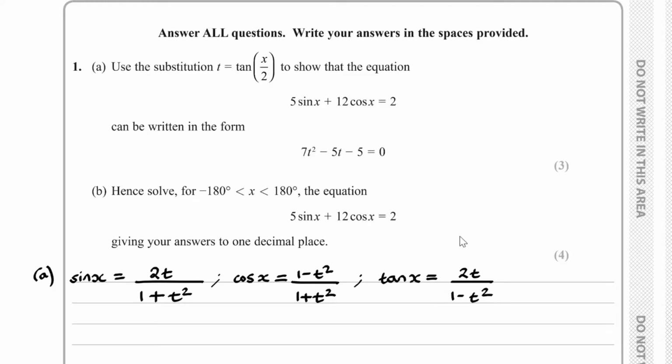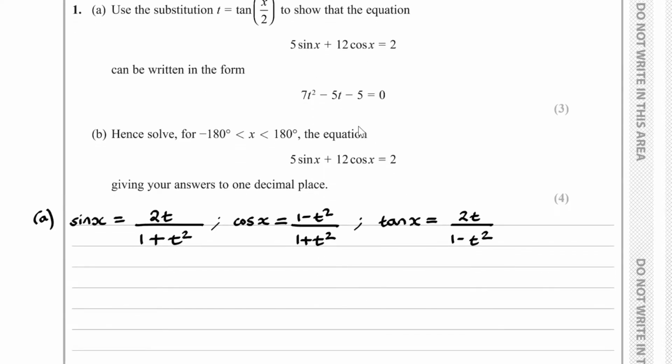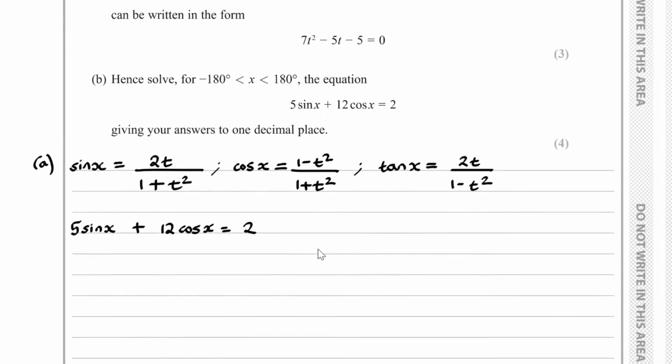Now, we've got this equation 5 sin x plus 12 cos x equals 2. Let's just write that down. We have 5 sin x plus 12 cos x equals 2. We will now replace the sin x with 2t over 1 plus t squared, and we will replace cos x with 1 minus t squared over 1 plus t squared.